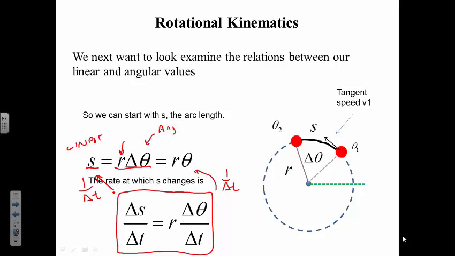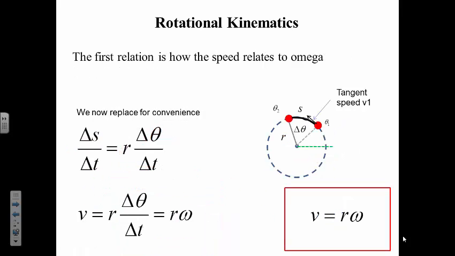We get this new relation. Well, what is delta S over delta t? This is our definition of velocity. And delta theta over delta t was our definition of omega. So really we get that V equals R delta theta over delta t, and that's V equals R omega. This is how we can relate velocity to omega.